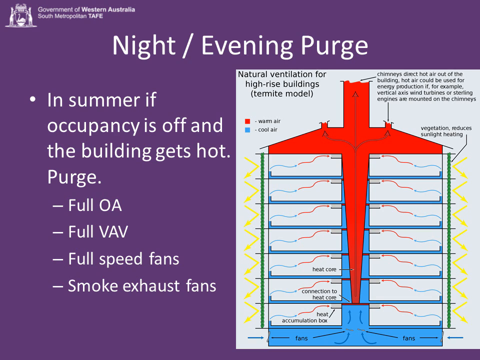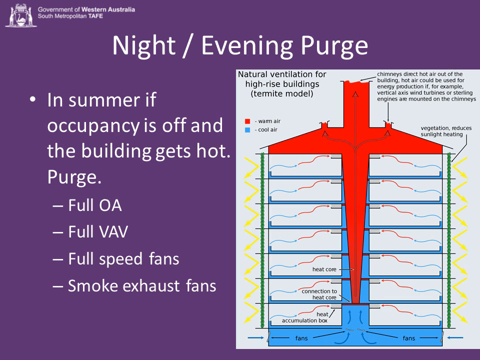It works on the principle that at night time, the air gets a lot cooler. So at night time, when the building is empty, we effectively purge it. It's like you open all the doors and windows and just let the air blow through the building.